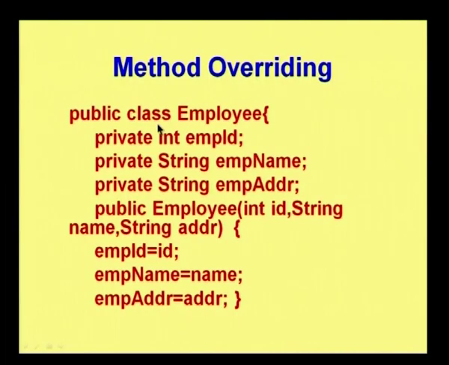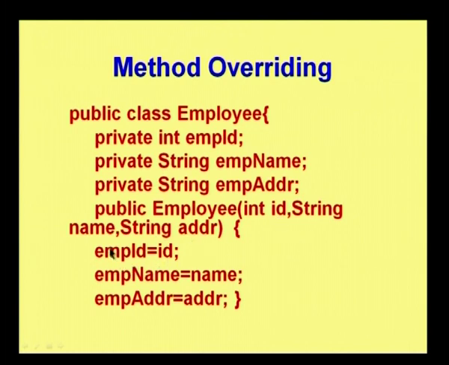So, you can see this sample. Public class employee, with empID, empName and empAddress. I already told you that your variable name should start with lowercase and consecutive words with uppercase, so the e is small and then the A is uppercase. Now I have a three-argument constructor: ID, name and address.